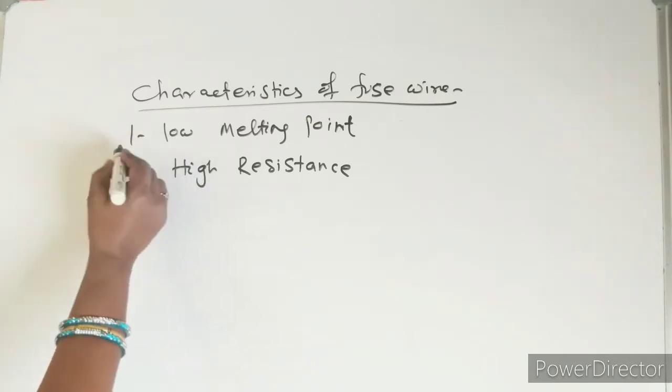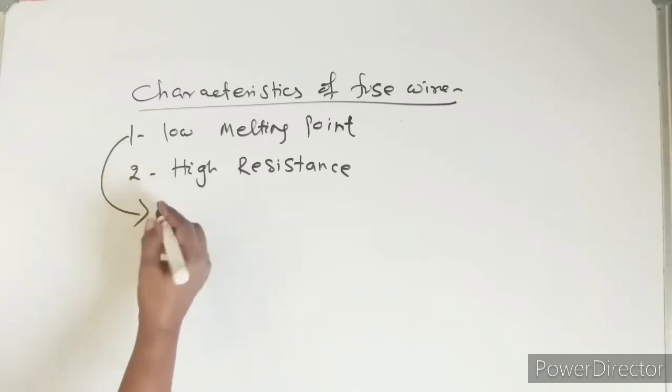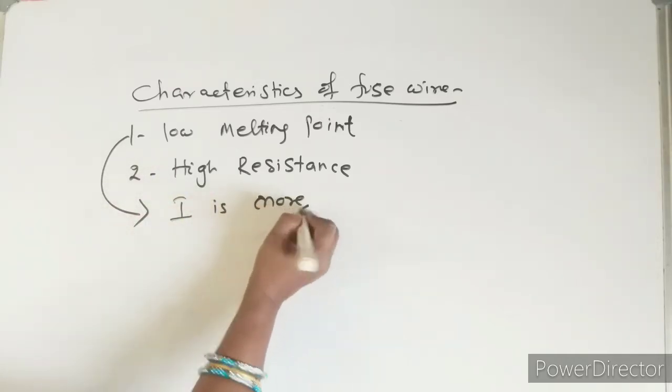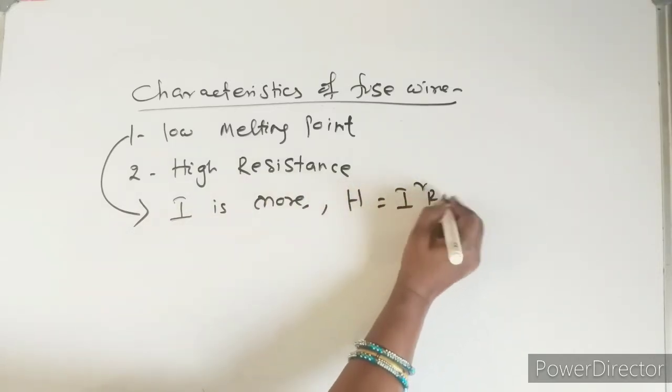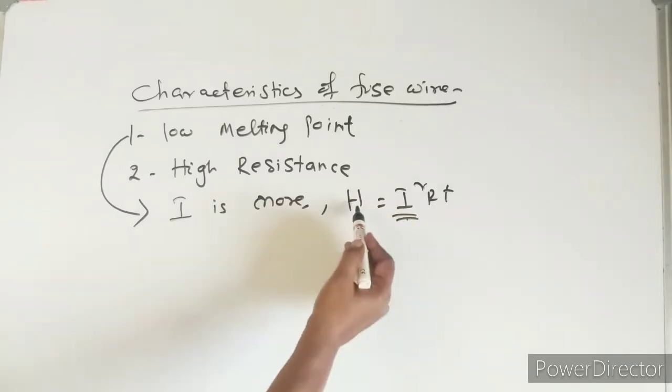And why low melting point? Because when more current passes, I is more. According to the heating effect, H equal to I square RT. So more will be the current, more will be the heat.